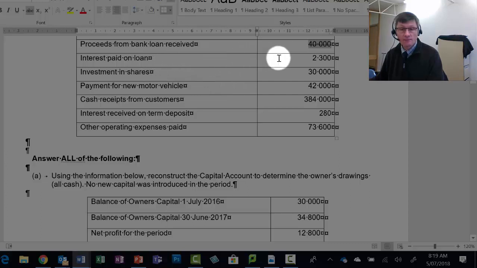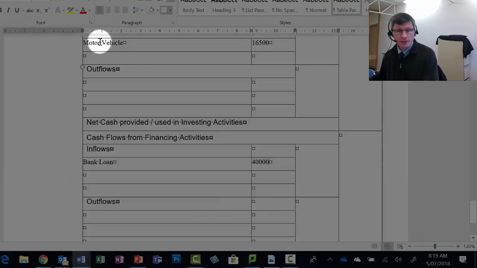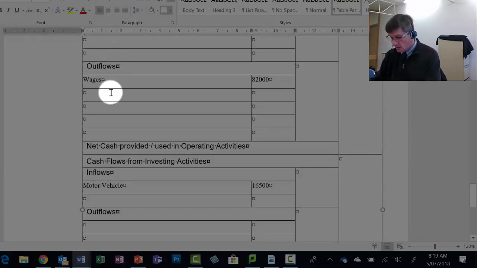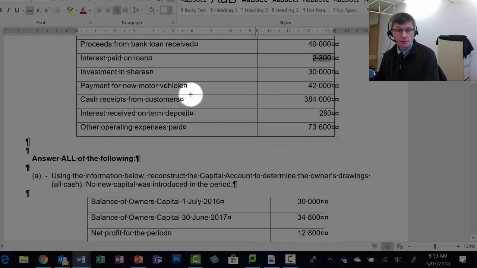Interest paid on loan. Now, don't get confused that it's something relating to the loan and financing, but that's the actual interest charge. It's not getting the loan in the first place or paying that loan back, which would be a financing element, but this is interest. It's an expense, and therefore it goes in the operations section, $2,300. So let's just put that in the outflows here of 2,300. So I've got that sorted.